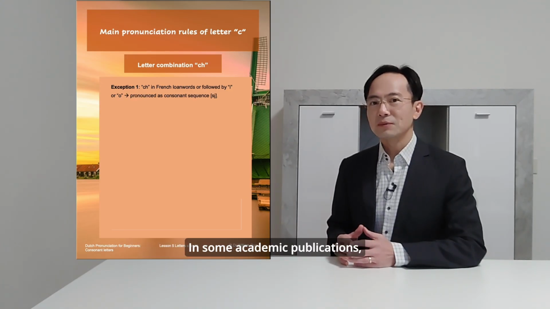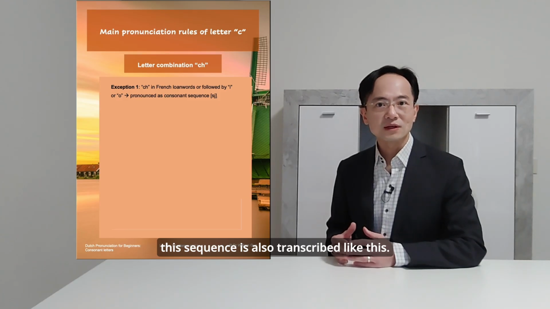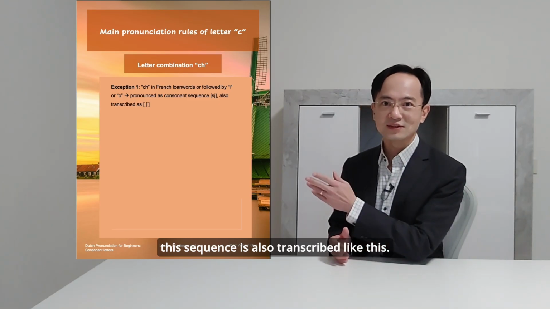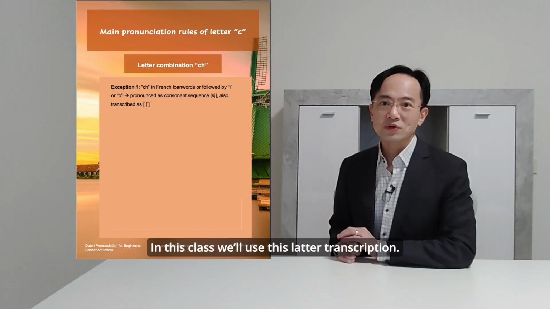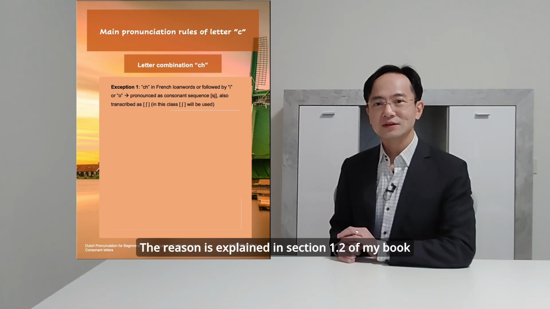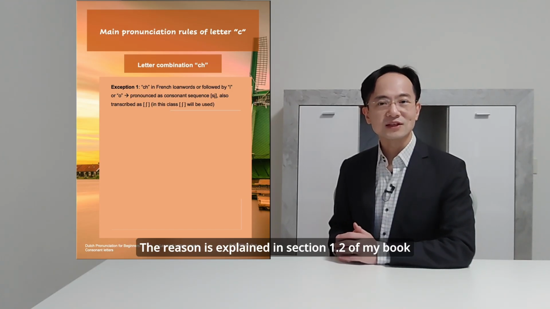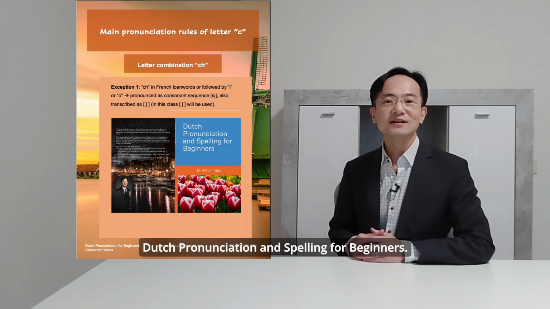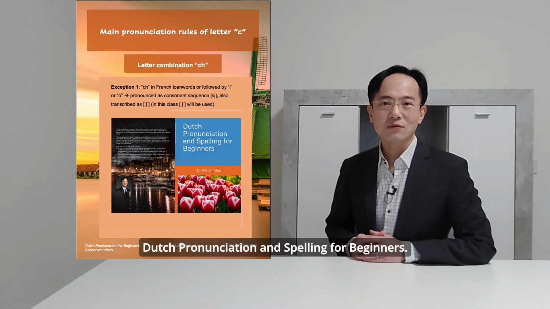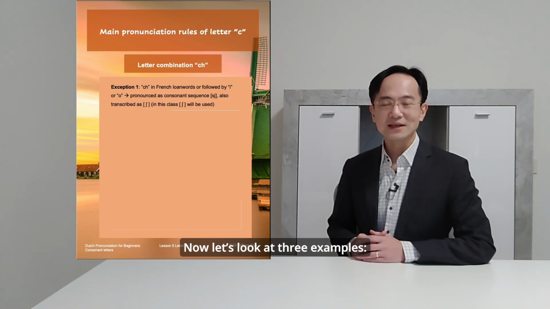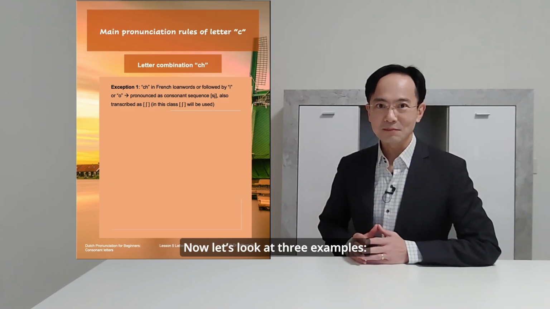In some academic publications, this sequence is also transcribed like this. In this class, we'll use this latter transcription. The reason is explained in section 1.2 of my book, Dutch Pronunciation and Spelling for Beginners. Now let's look at 3 examples.